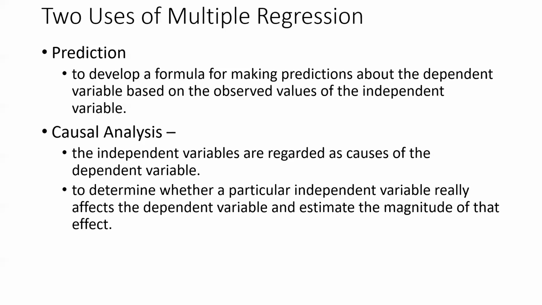magnitude of that effect. Last week, we not only calculated regression, but we also calculated R-squared, which told us about the predictive value of our independent variable and the percentage resolved or explained, and how often we could predict the dependent variable correctly by knowing the independent variable. And multiple regression will do the same thing.